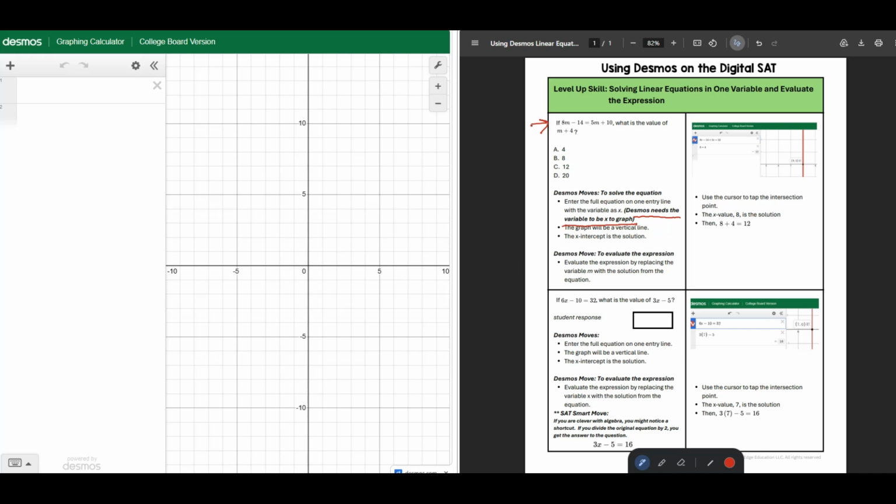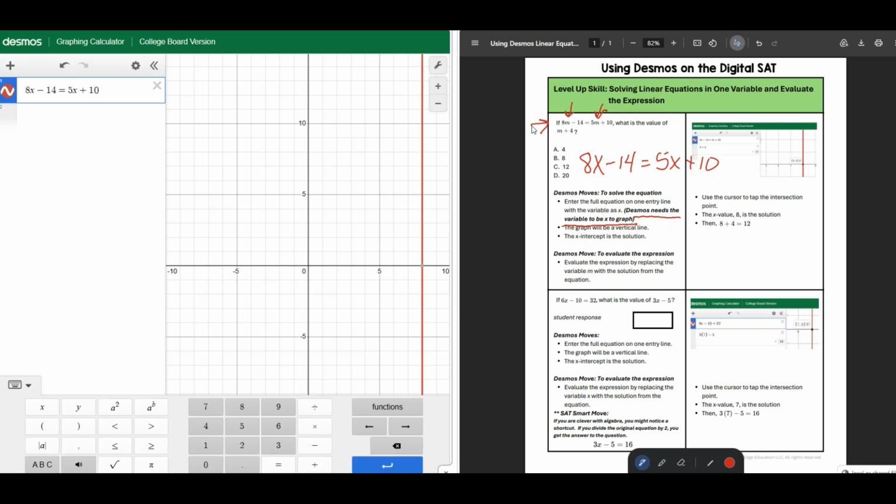So if you're going to type this into the Desmos graphing calculator to get the solution, you will need to replace both of these m's with the letter x. So you would need to type 8x subtract 14 equals 5x plus 10. Grab your Desmos graphing calculator and type that all in on the first input line.